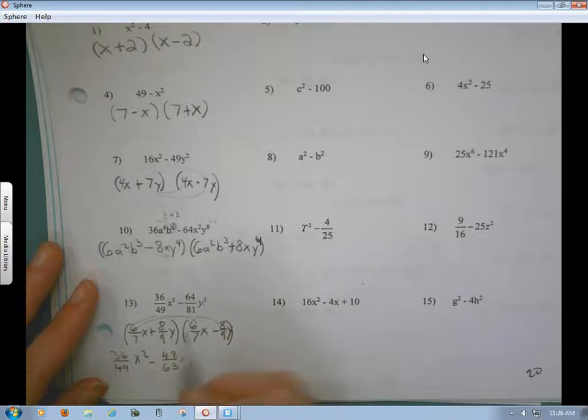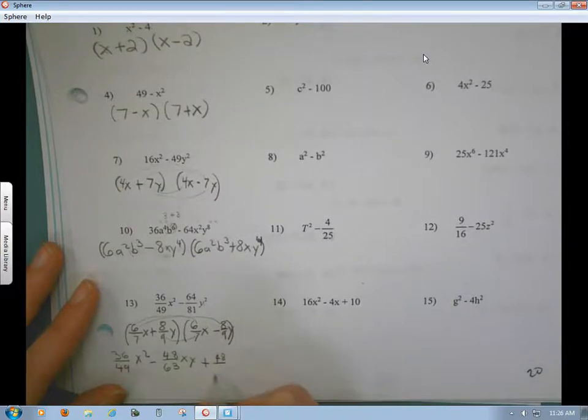And then a positive 8/9 y times a positive 6/7 x gives us a positive 48/63 xy.